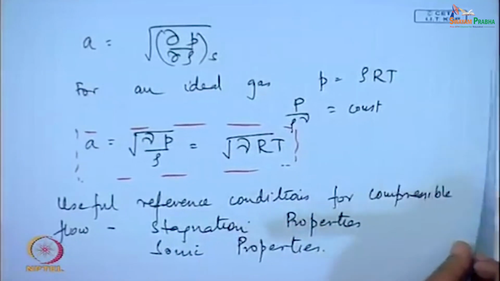Let us define them first. Stagnation itself means that somewhere the fluid should be at rest, and the properties are those under those conditions. But remember one thing, how the fluid has been brought to rest, that path is also important. For compressible flows, the path is very important. So, when the fluid is brought isentropically to rest, the properties the fluid has under those rest conditions are referred to as the stagnation properties.